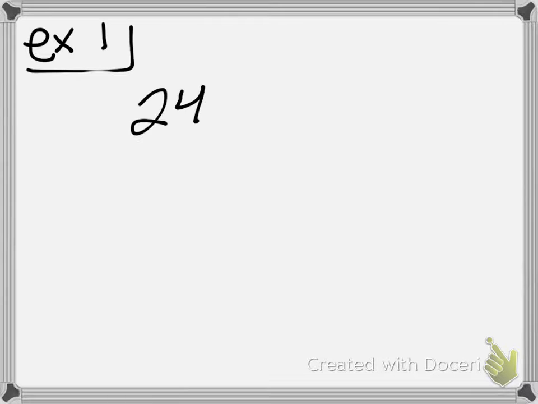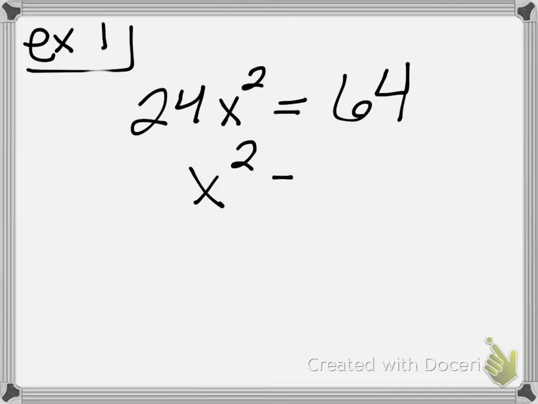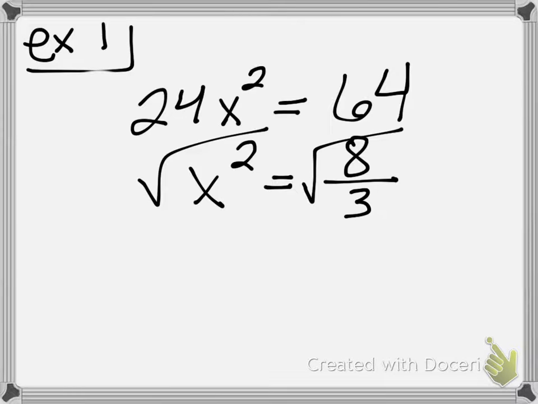So 24x squared should equal 64 then. 8 squared is 64. If we divide by 24, that should give us the fraction 8/3. And if I square root both sides, check this in your calculator, should be 1.63.